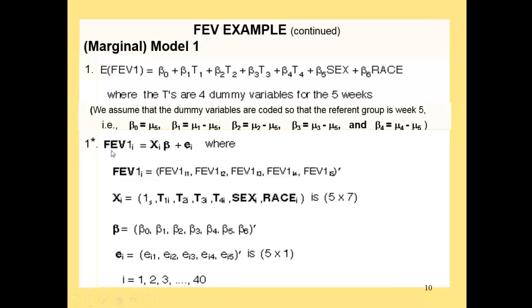1 and 1 star are the same model in 2 different notations. They are the exact same model. Okay? 1 is simply written in scalar form. 1 star is written in matrix form. So if you want a good example of what really is the difference between scalar form and matrix form, this right here, great reference.